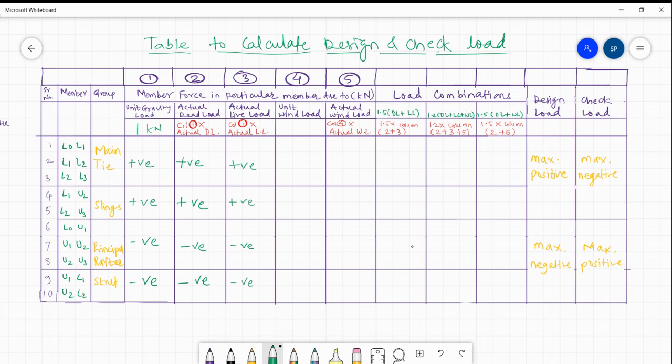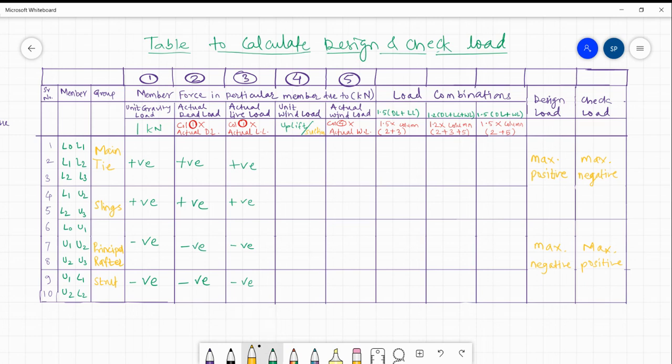Mind well, that force can be uplift or suction. There are two possible directions of net wind pressure, either uplift or suction.